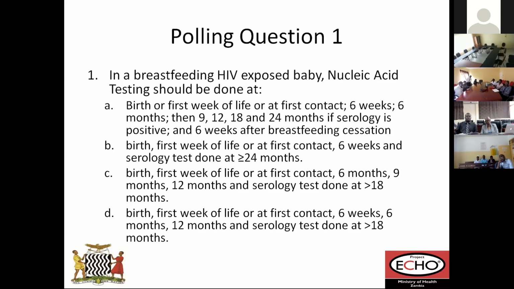B, birth, first week of life or first contact, 6 months, 9 months, 12 months, and serology test done after 18 months. And then D, first week of life or first contact, 6 weeks, 6 months, 12 months, and serology test done at 18 months. So we can now vote.